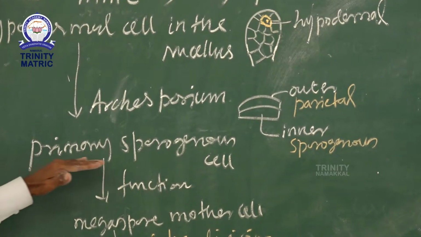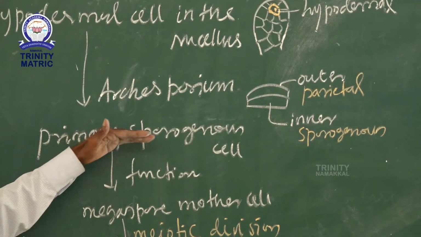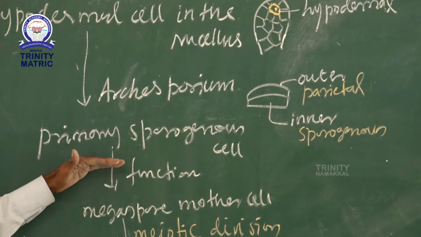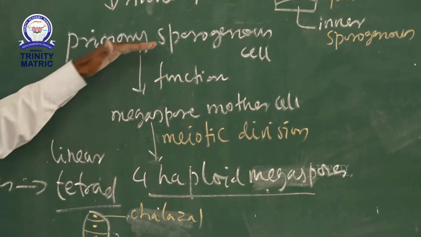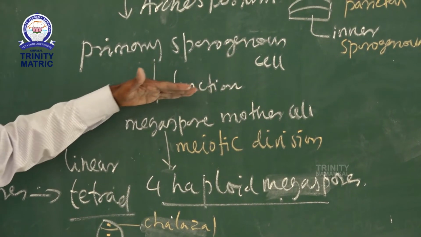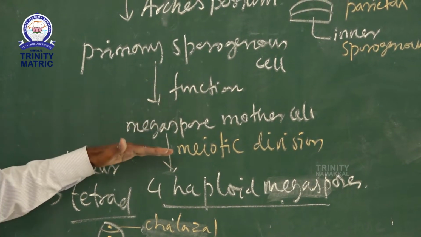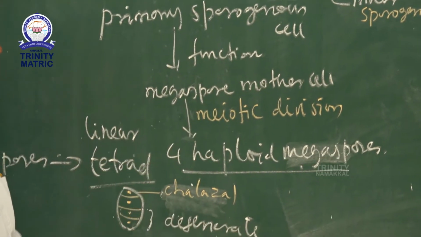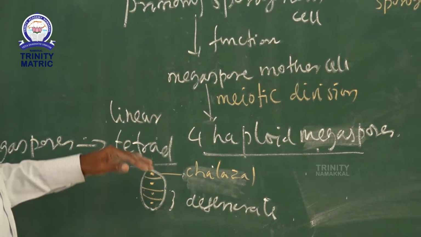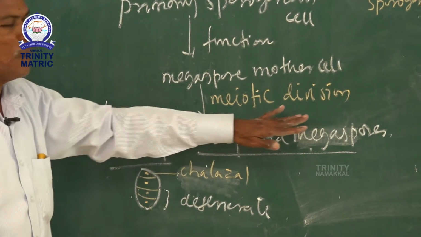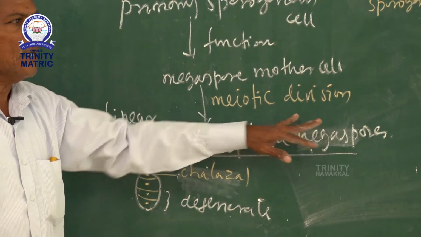The primary sporogenous cell functions as the megaspore mother cell, and undergoes meiotic division to give rise to 4 haploid megaspores.